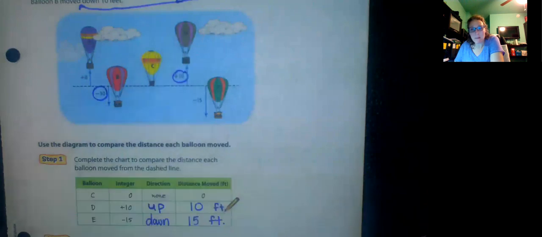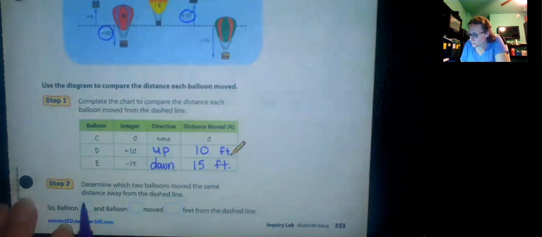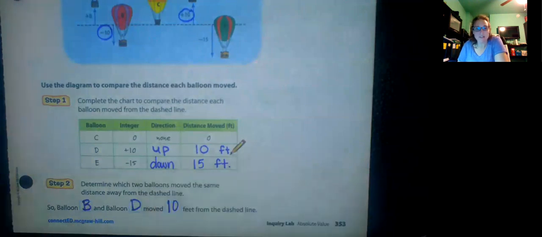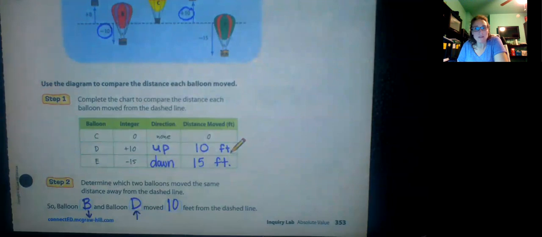So they have the same number, but they went in opposite directions because one went up and one went down. Okay, so that means that balloon B and balloon D both moved 10 feet from the dashed line. Just remember this one went down and this one went up, but still moved 10 feet.